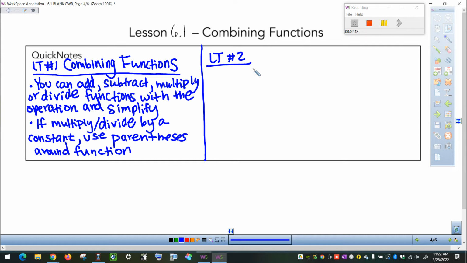All right, second learning target here is to evaluate combinations of functions for given input values. You're evaluating combinations of functions.